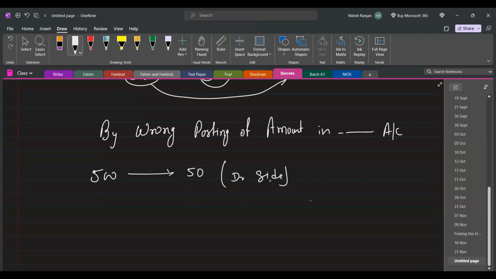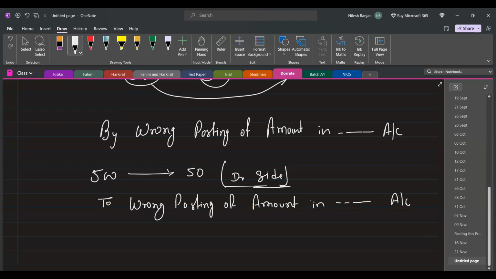Then on the same side, on the debit side, you will write wrong posting of amount in the respective account. Is this clear? Yes, sir.